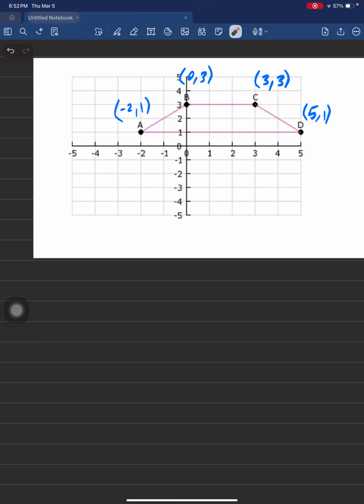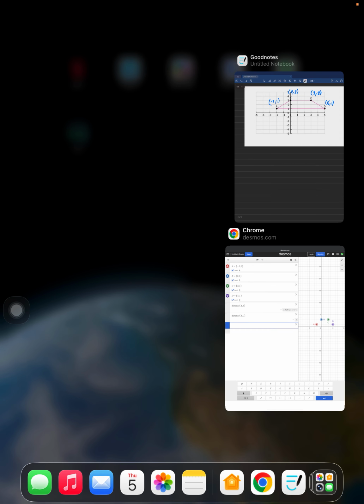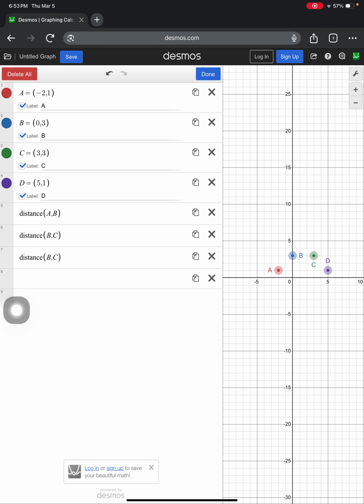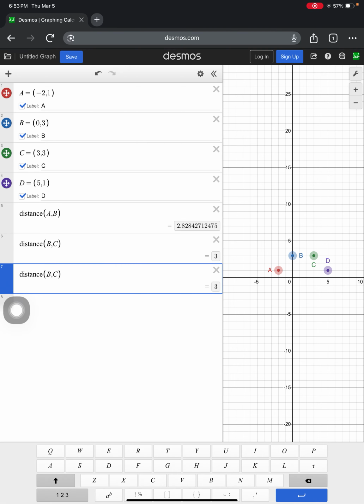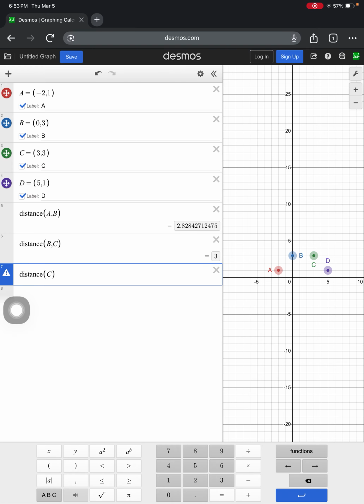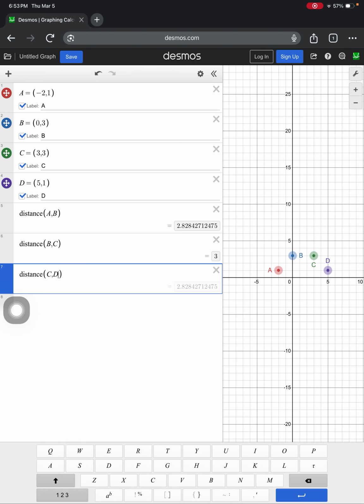The third one is the length of segment CD. To find CD, we do the same by copying, and then C, comma, D, and the length is 2.82, etc.